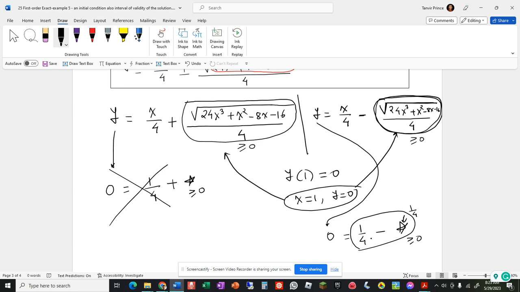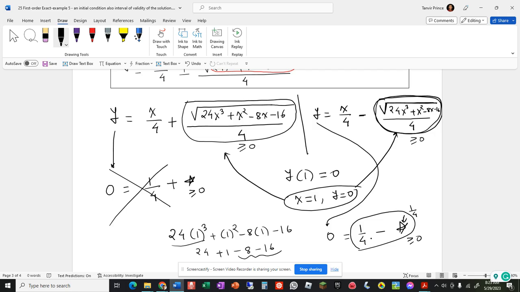And you can check that if I replace x by 1 inside the square root, what do I get? So let's see, if I replace x by 1 inside the square root, that will be 24 plus 1 minus 8 minus 16.